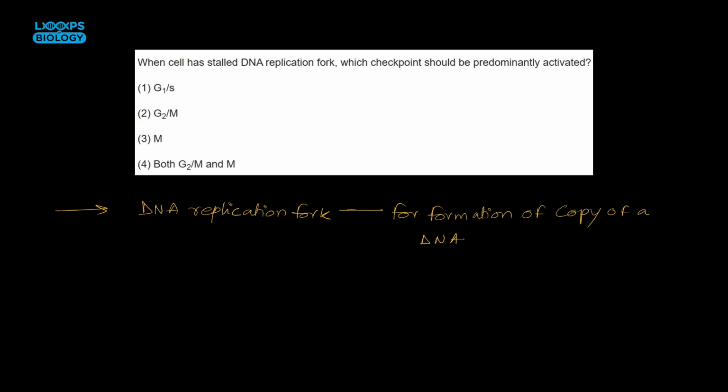Now, if I am making a copy of DNA, I should be very much aware, and the cell should be very much aware, that this DNA should not have any damage, right? So during the formation of a copy of DNA, the DNA should not have prior damage.